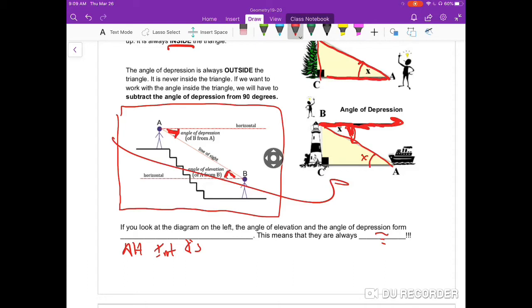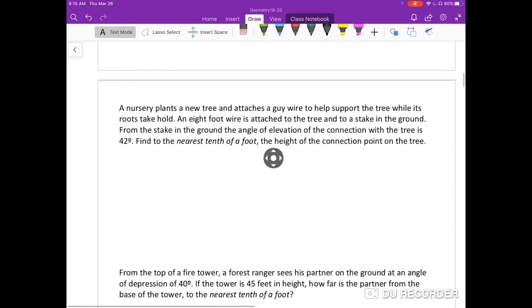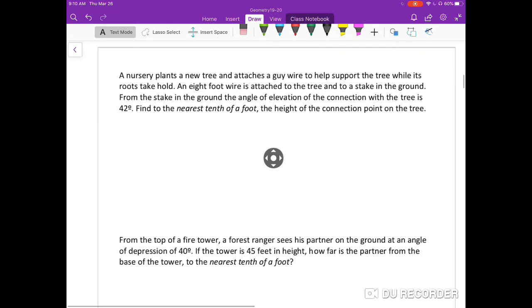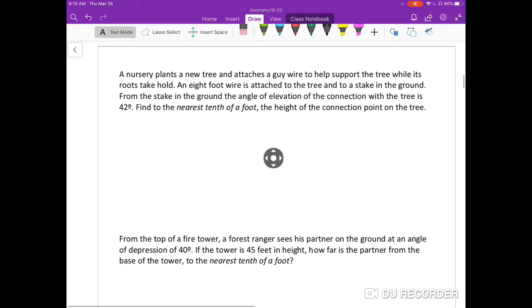We're just going to do two examples. It should hopefully clear some of this up, and today's practice is going to be a little bit of drawing. First example: a nursery plants a new tree and attaches a guy wire to help support the tree while its roots take hold. The first thing is to draw a picture.